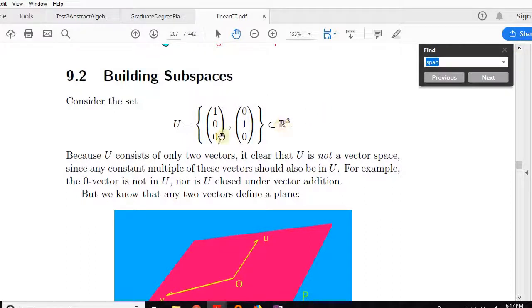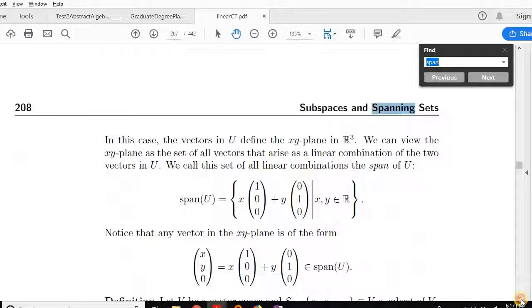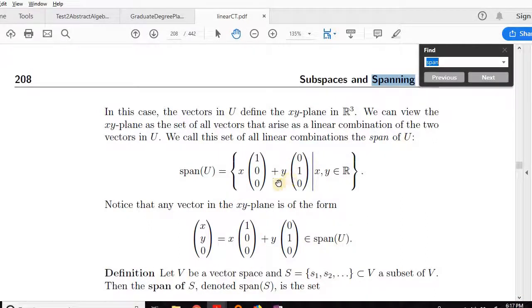U is this set of two vectors, right? The span of u is the xy plane? Well, maybe. What this is giving you is the general definition.